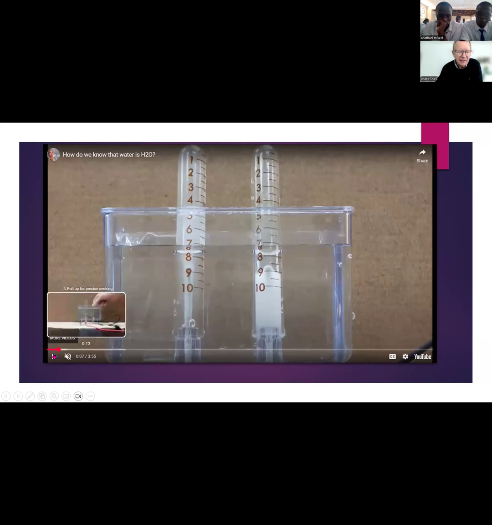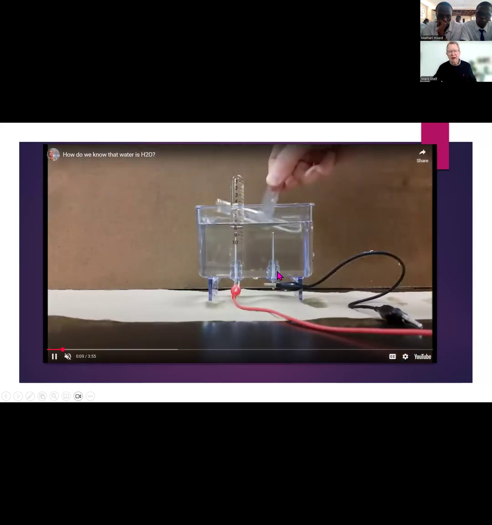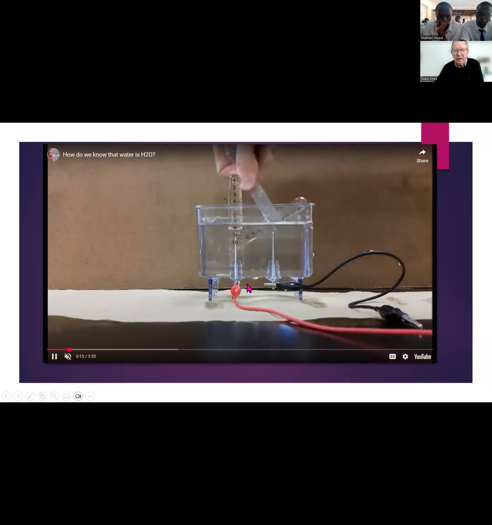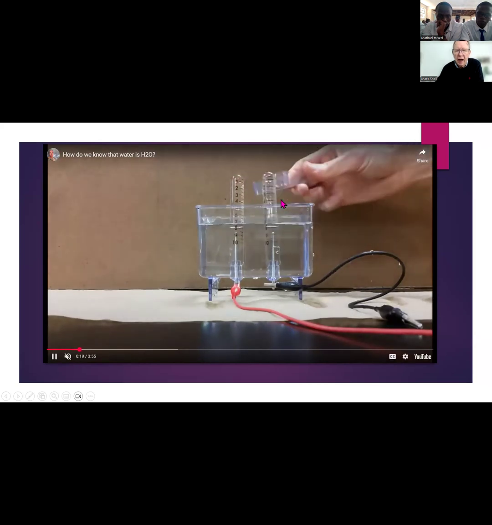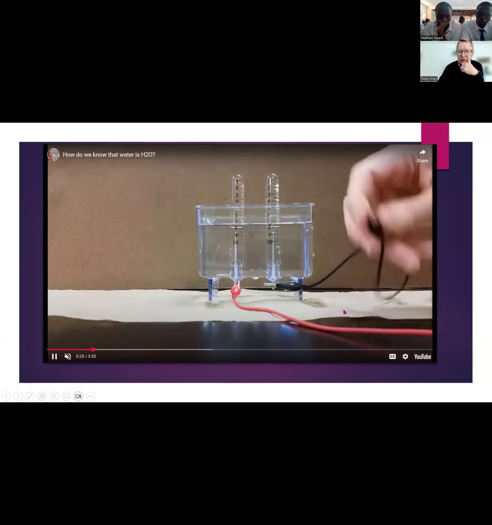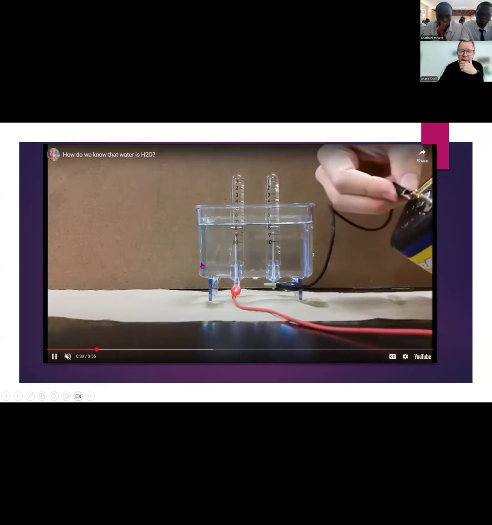Okay, so let's see what happens. So this is an experiment in which they have two metal rods in the bottom of a square beaker. They fill up the tubes with water and then they put them over the electrodes. The wires are then connected to a battery. This is something that is quite easy to do.